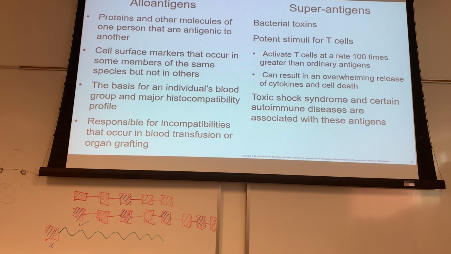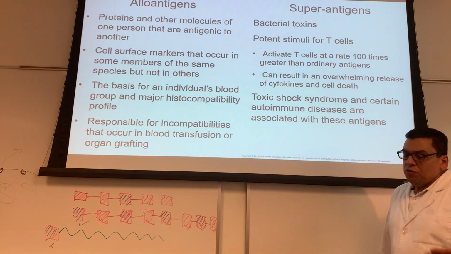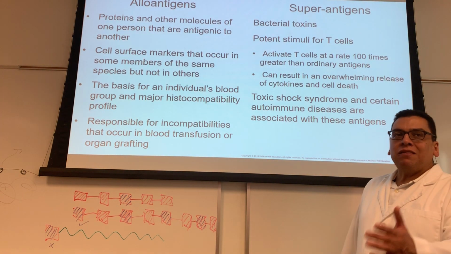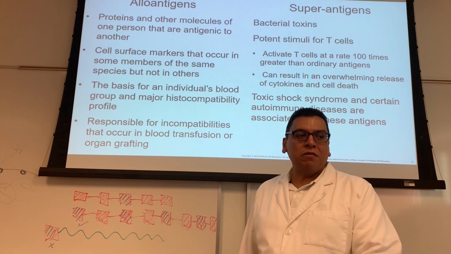All right, so mismatches of tissue would be considered an alloantigen as well. So when we do tissue transplantation, we look at the donor samples, MHCs, along with a whole bunch of other cell markers, and try to match it with the recipient, with the patient.